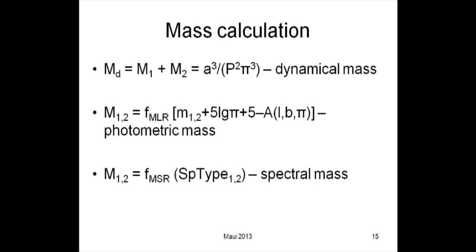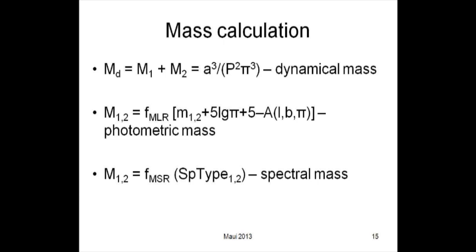But we also can use the photometry, and again with known parallax and estimated interstellar extinction dependent on coordinates and parallax, we can have luminosity of the components. Using some mass-luminosity relation, we can estimate mass of a given component and then mass of a system.